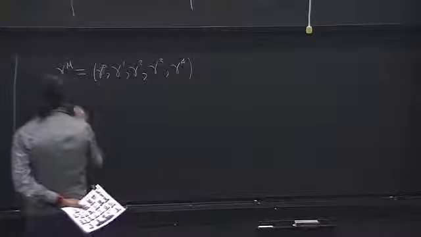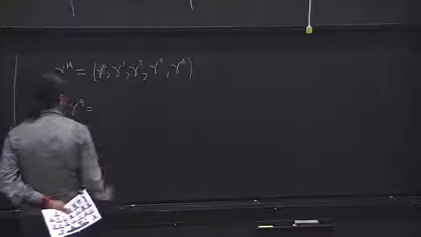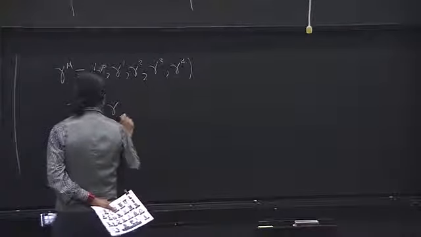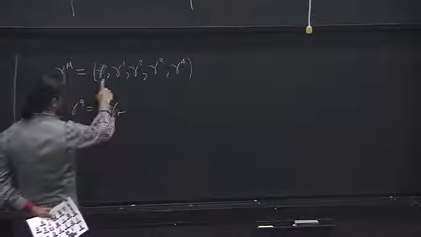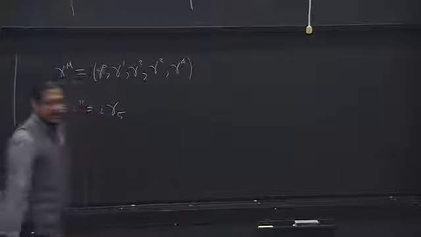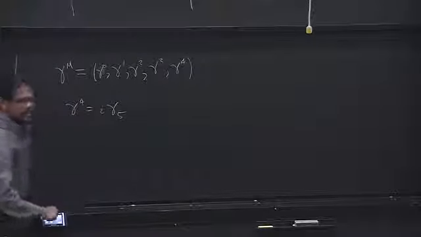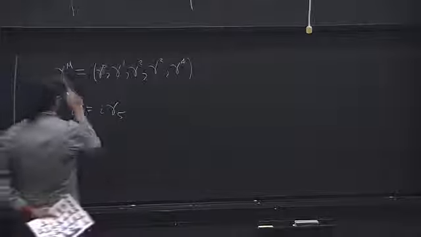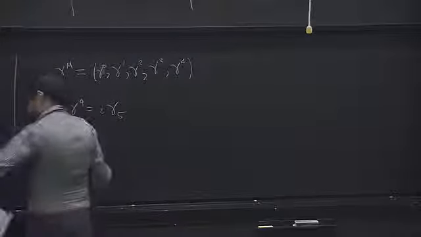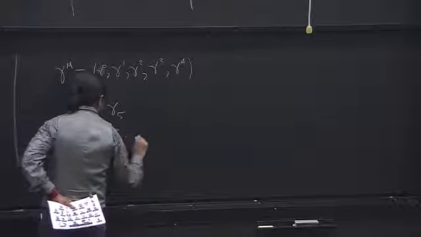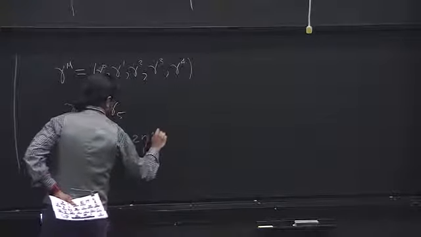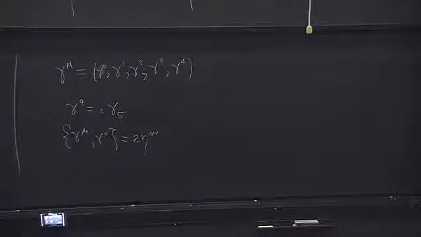And gamma 4, if you define gamma 4 to be i times what we defined to be gamma 5 before, then you knew that gamma 5 anti-commuted with all these gammas. So if you define gamma 4 in this way, then of course your 5-dimensional Dirac algebra would be what you want it to be.